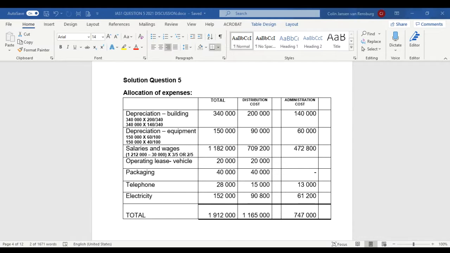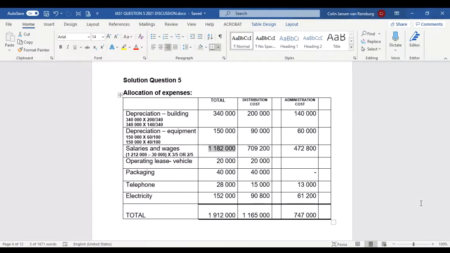Okay, so we've taken the 1,212,000 rand. We've deducted the 30,000 rand because that 30,000 rand does not relate to this year's expense. It's a prepaid expense. So the amount that remains, the amount that is going to end up in our statement of comprehensive income in total, will be 1,182,000.